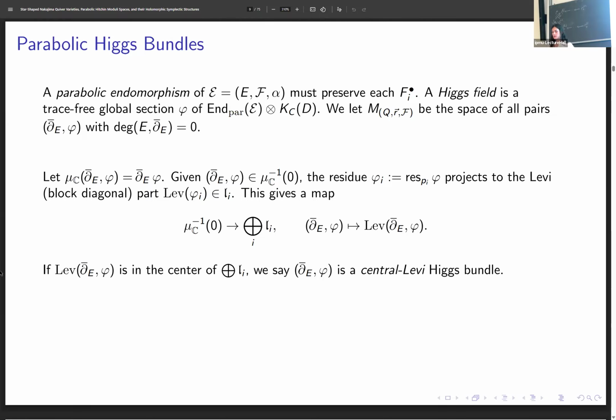And I want this to be in the center of this Levi subalgebra. And I call these central Levi Higgs bundles. It's exactly the same as we saw just a second ago. And in fact, I want to fix them to be equal to some sigma in the center. So I'm going to just focus on the preimage of this sigma. So this is the configuration space of holomorphic Higgs fields adapted to this sigma.